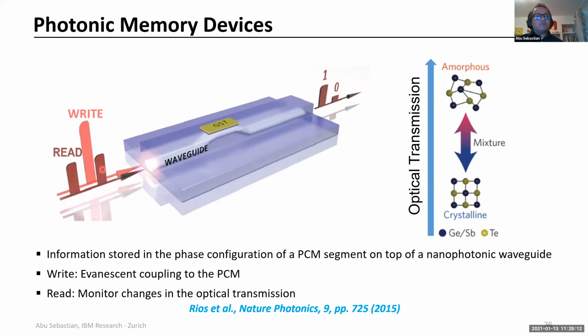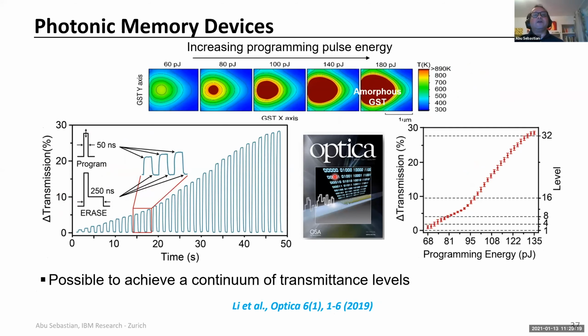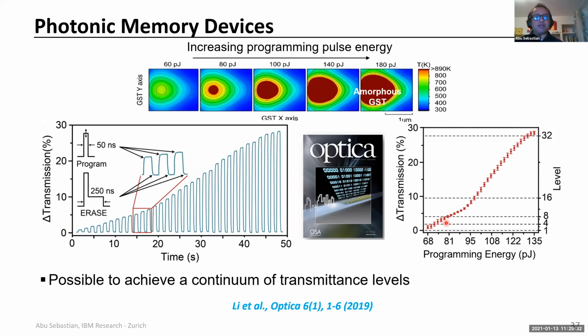Now, folks in Oxford and Münster have shown that these devices can store a continuum of transmission levels. By clever choice of device geometry and pulse shapes, they can obtain very nice programming curves, very similar to the kind of curves that I showed for the electronic phase change memory.